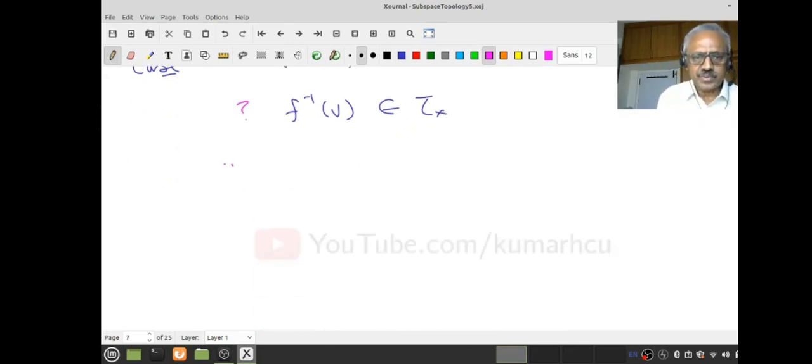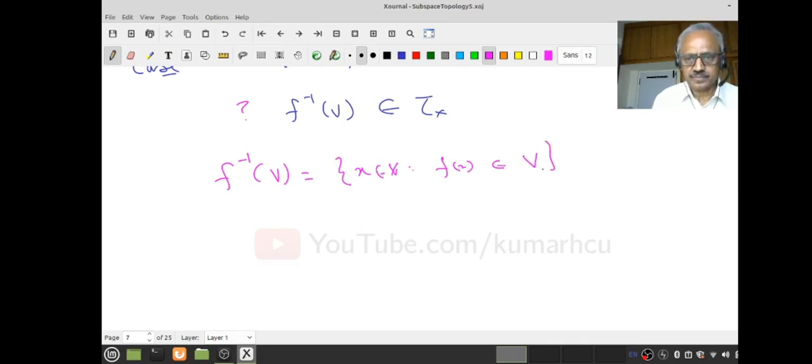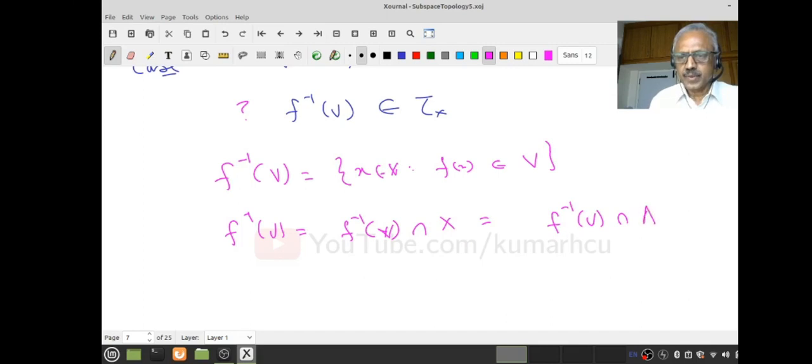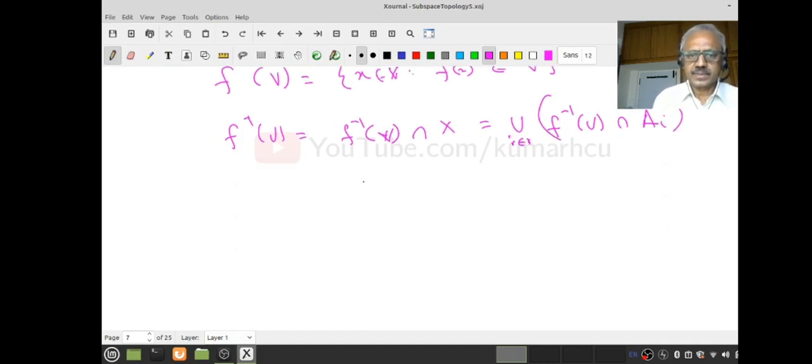But let's look at what f inverse of B is. It is the set of all x in x so that f of x belongs to B. Notice that this is f inverse of B intersection x, which is f inverse of B intersection the union of the Ai.